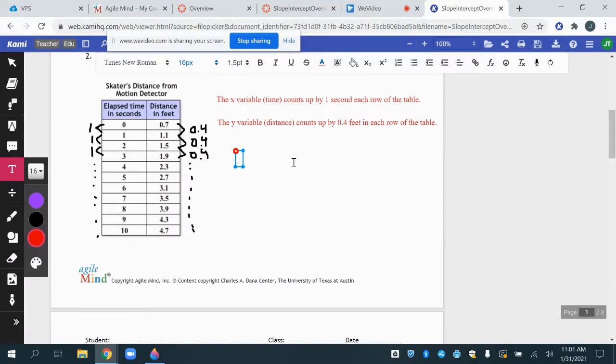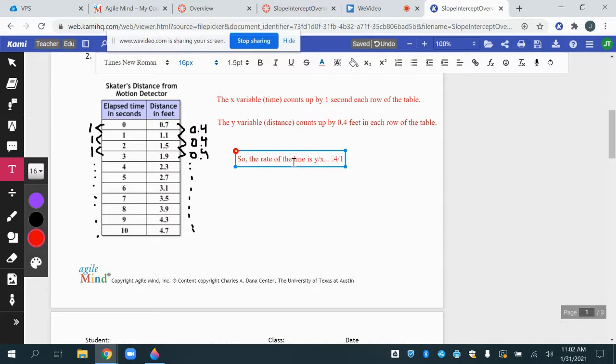Okay, so the rate of the line is, well, remember we do y divided by x. So we always do 0.4 divided by 1.